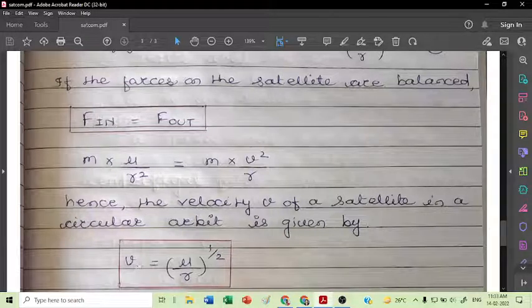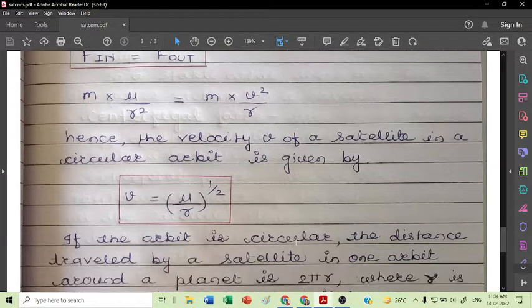The velocity of satellite in a circular orbit is given by v = (mu upon r) raised to power half. Here one r and m will get cancelled, and if we take v on the left hand side, then v square is equal to mu by r, and v is the square root of mu by r.